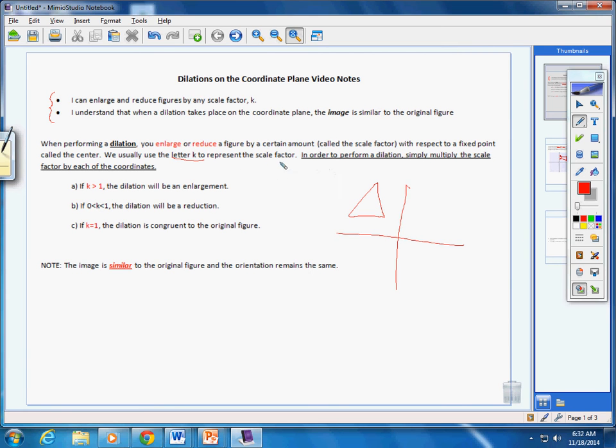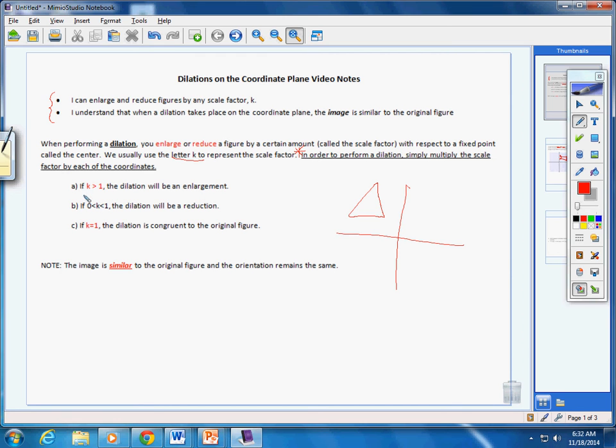And we'll do a couple in a minute here. In order to perform a dilation, simply multiply the scale factor by each of the coordinates. It's actually very simple, but I underline that part because that's telling you exactly how to perform the dilation. So you should be referring back to this underlined portion once you actually start working.